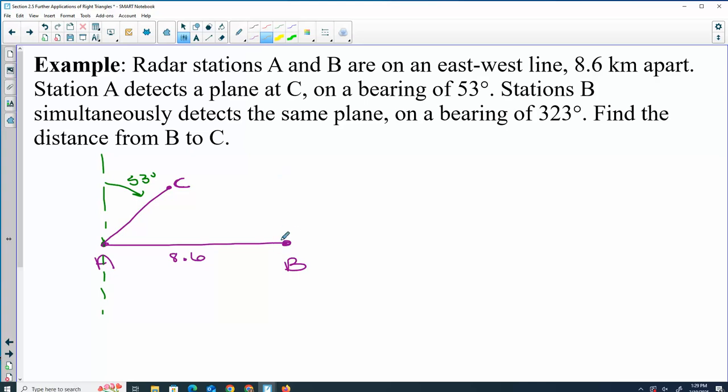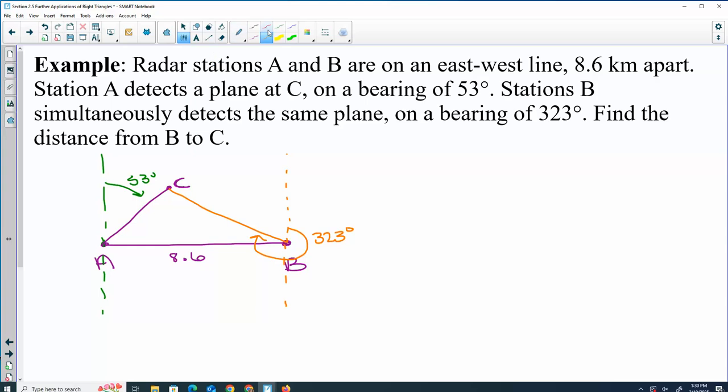So if I'm measuring a bearing from point B, I just have the north-south line at B. It's still talking about C, but it's from due north all the way to that line. It's 323 degrees.